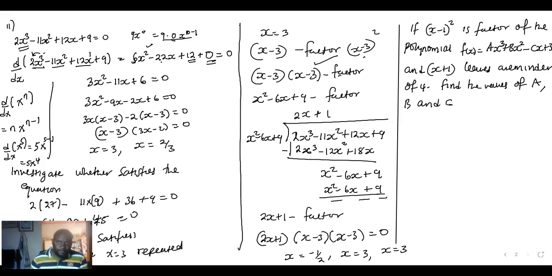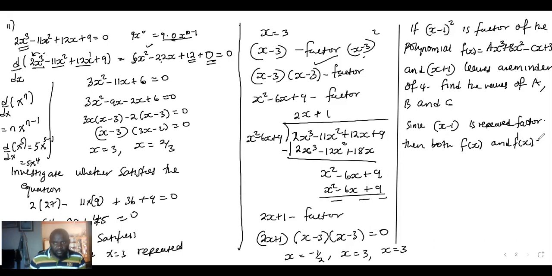So first of all, since x minus 1, as we have seen, is a repeated factor, both f of x and f prime of x will give 0 when x is 1.